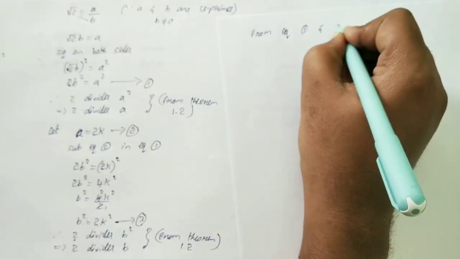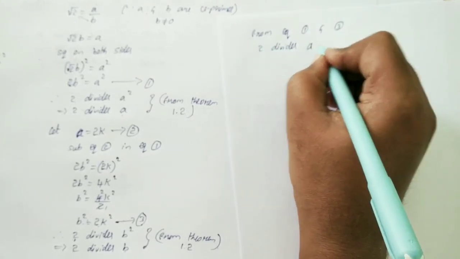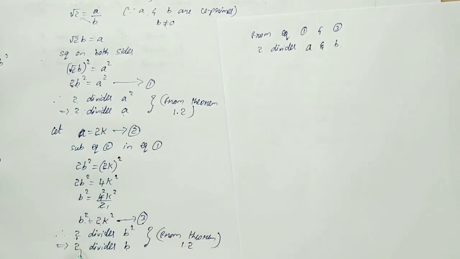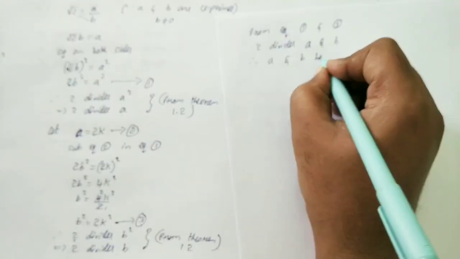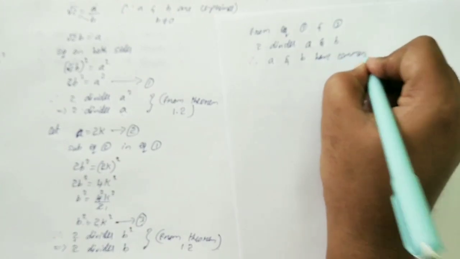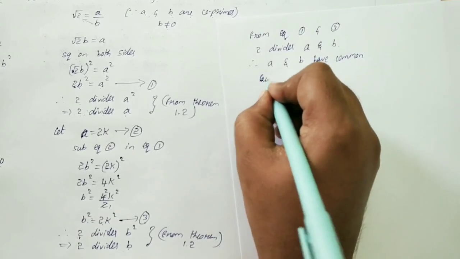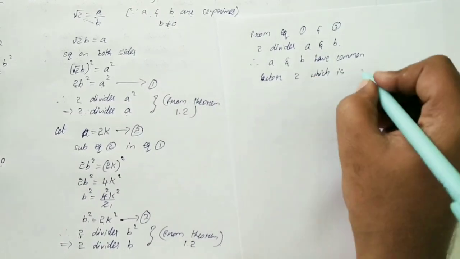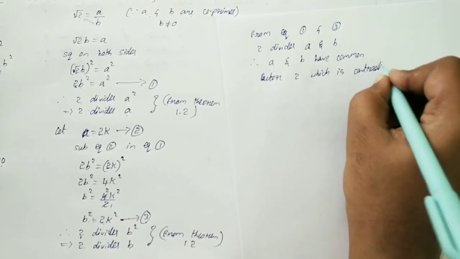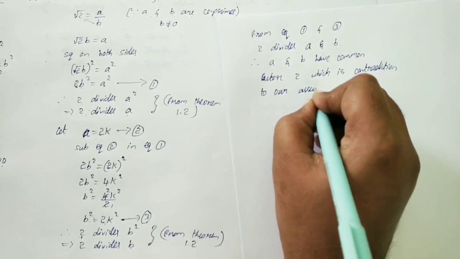So from equation 1 and 2, 2 divides a and b, right? So see here, from equation 1, 2 divides a, from equation 2, 2 divides b. That means both a and b have common factor 2, which is a contradiction to our assumption.